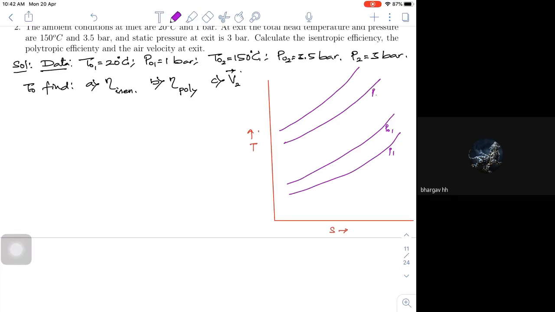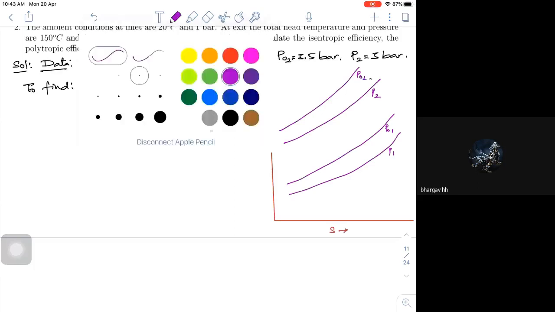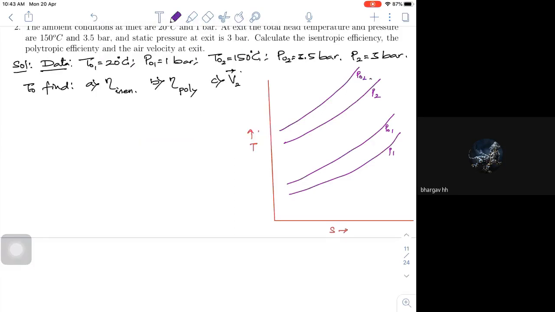If I do an isentropic compression, it's a straight line, right? This is 1, 01, 2 dash and 02 dash.